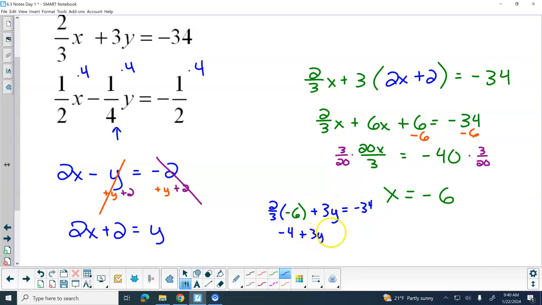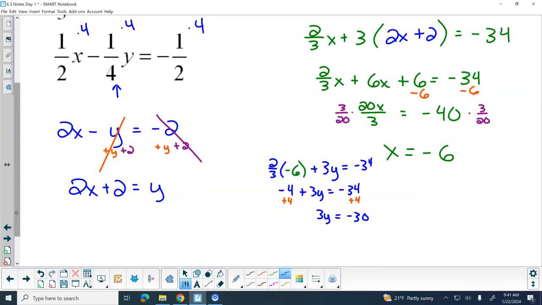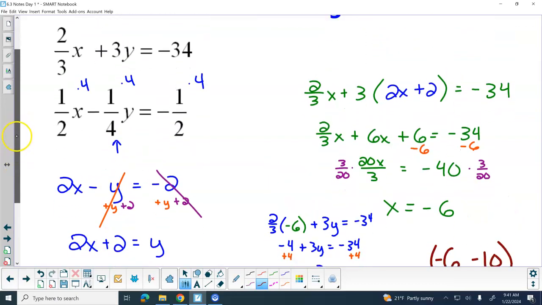Add 4 to both sides. 3y is negative 30. Divide both sides by 3. It means y is negative 10. So the answer is negative 6, comma, negative 10.